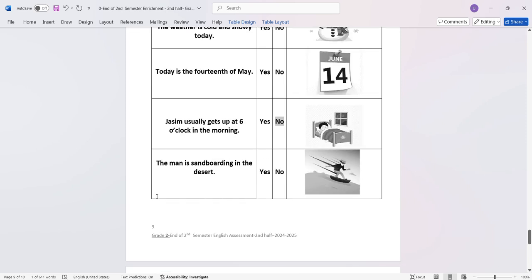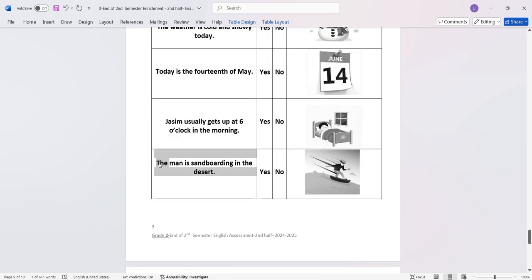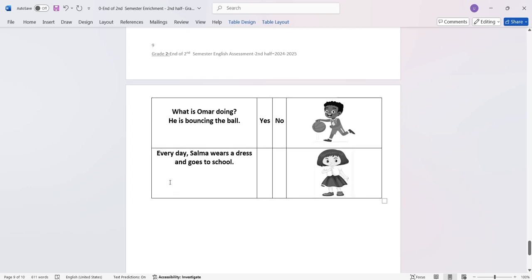Okay. Now we move to the last one almost. The man is sandboarding in the desert. We check here. Yes, he is. So we put a circle around yes. Okay, we move to next one. What is Omar doing? He is bouncing the ball.